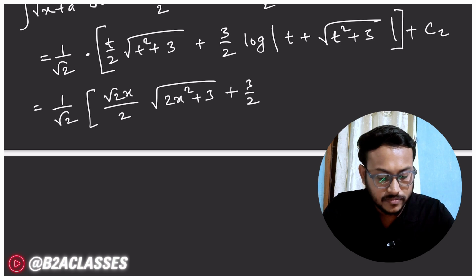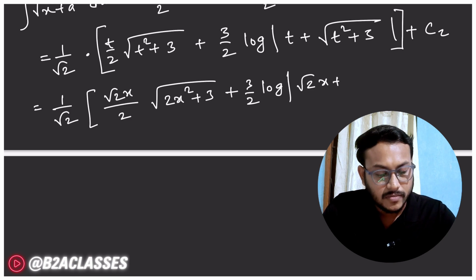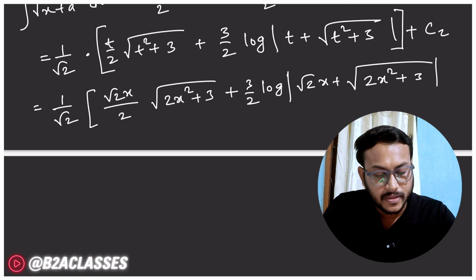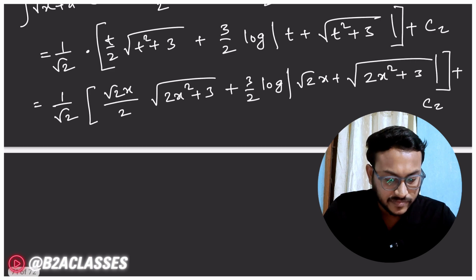Then 3 by 2 log of root 2x plus root over root 2x whole square, which is 2x square plus 3, plus c2. c2 is the constant for the integration.